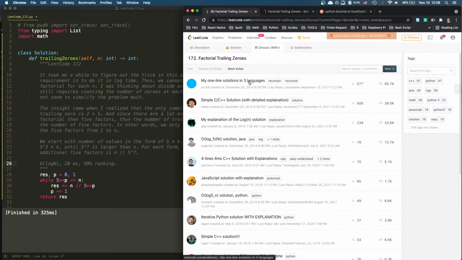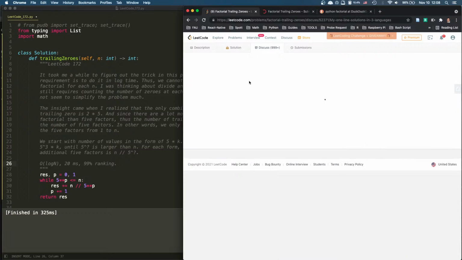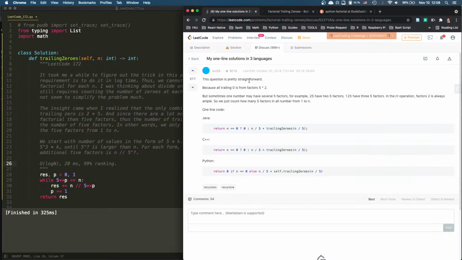One-line solution in 3 languages. Ooh. But sometimes one number may have several 5s. So just count how many 5s.